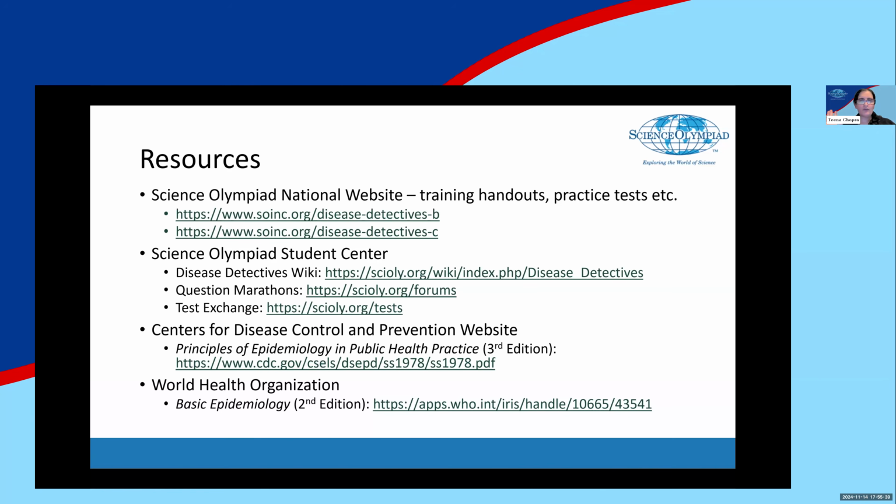So if there's a very rare disease you are studying, you think of a case control study design. So it's a good hint for you to take when you want to pick your study design.